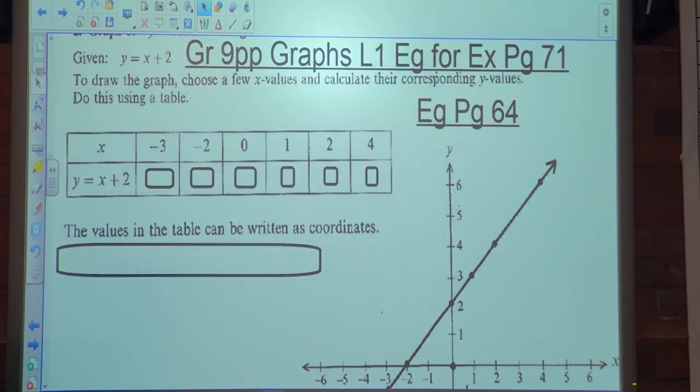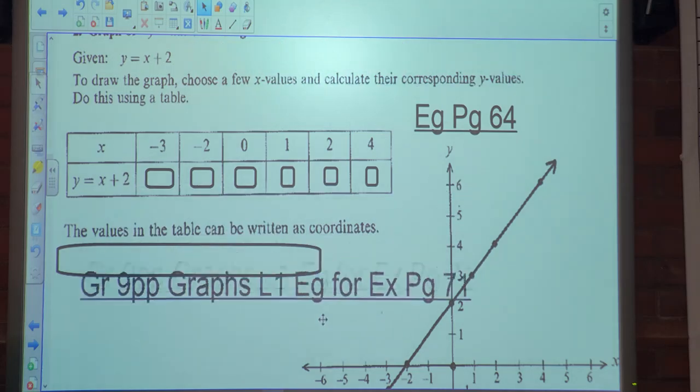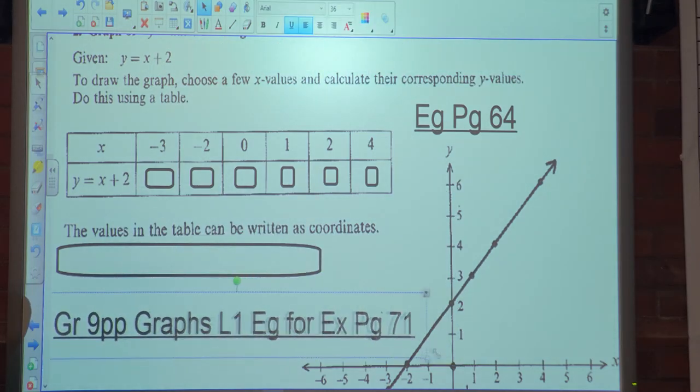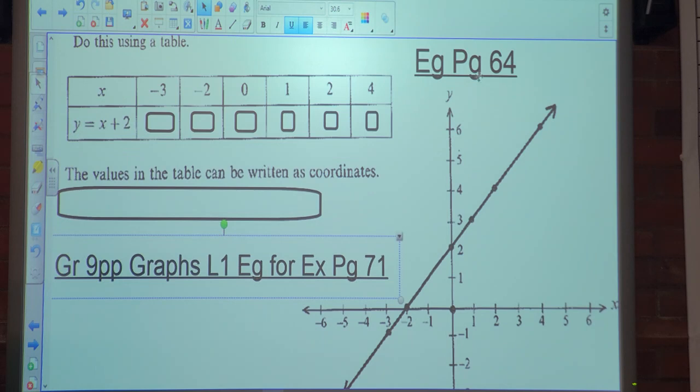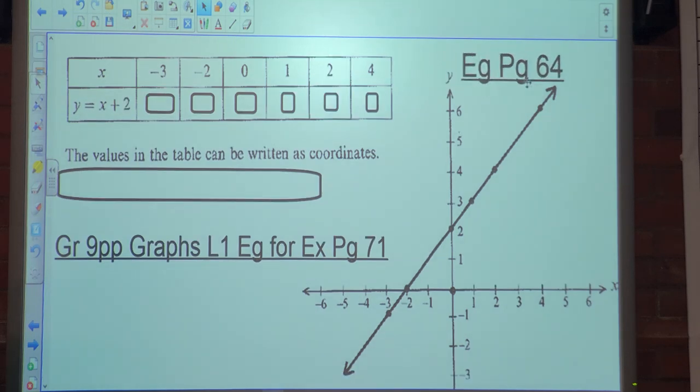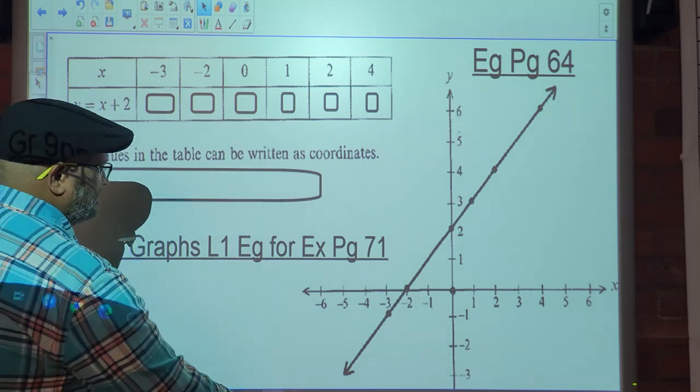Now, at this point, you guys have been exposed to these graphs already, to drawing the graphs, so this is just a refresher. So, we are given -3, -2, 0, 1, 2 and 4. The question says, draw the graph using the table. So what we need to do is calculate the corresponding y values.